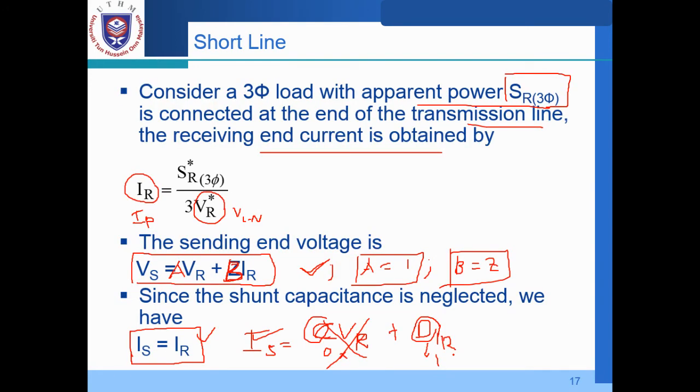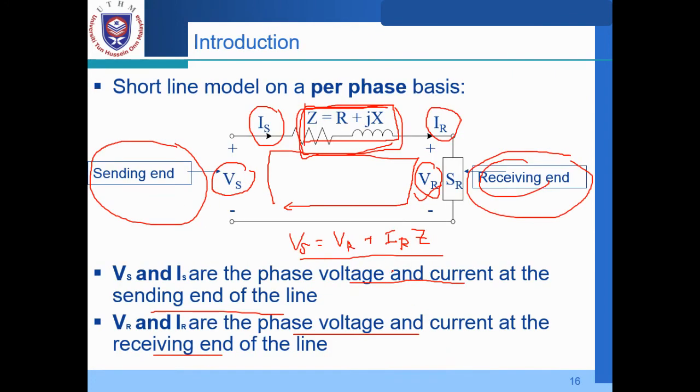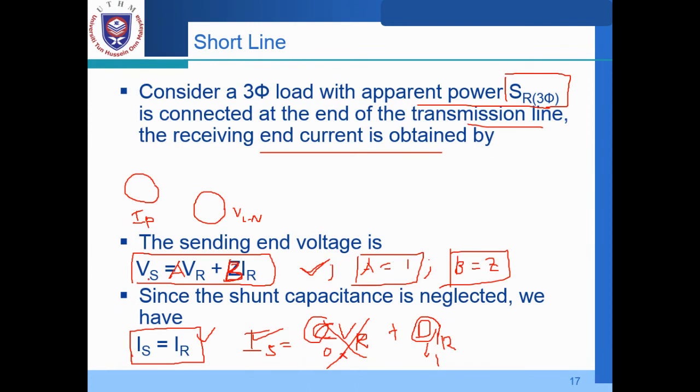So let's go back here. Okay, so let me rewrite the equation. We have VS equals A VR plus B IR. Remember, during no load, IR equals 0.